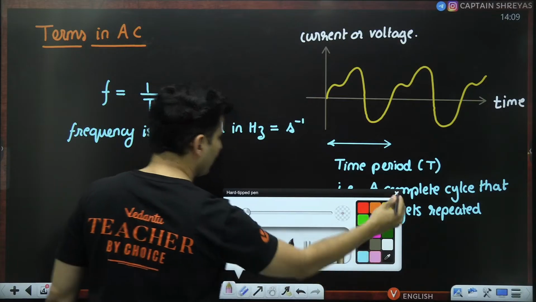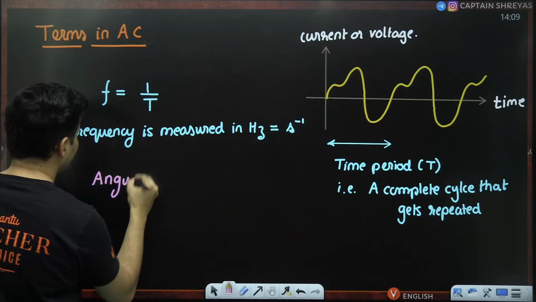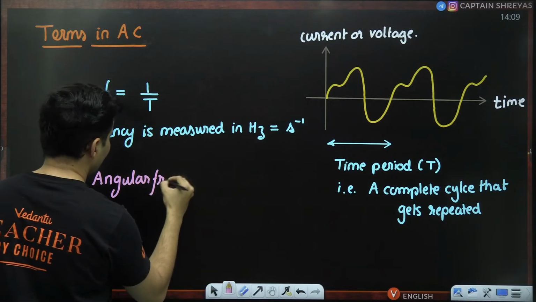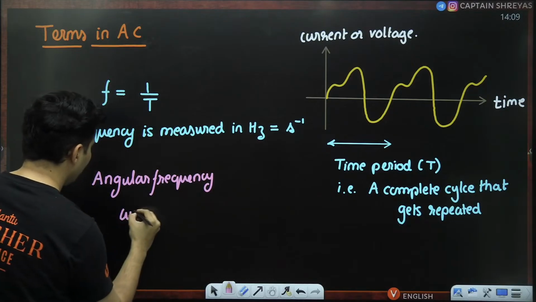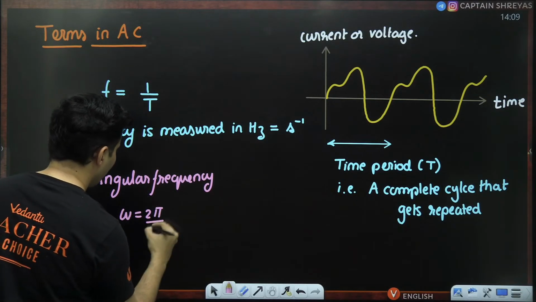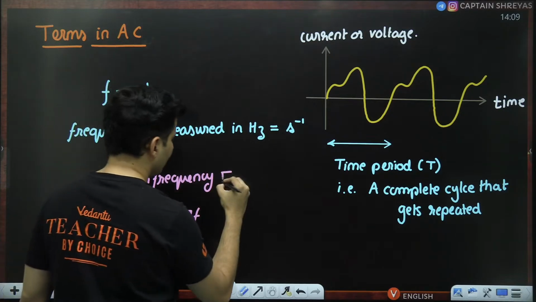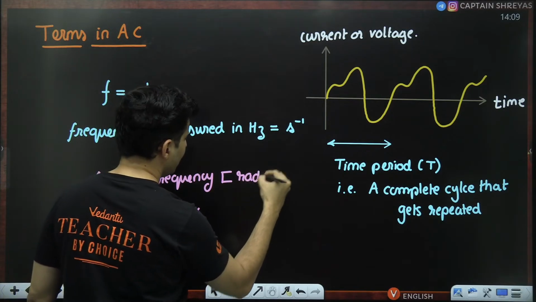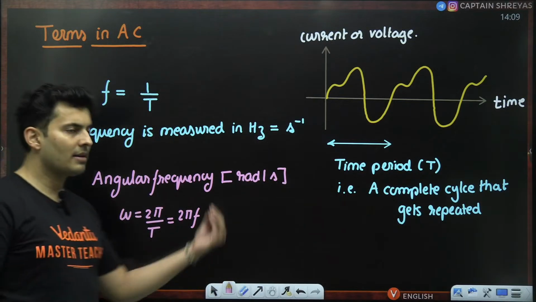And the last thing is omega, and that is basically your angular frequency, angular frequency omega, which is 2 pi by time period, or 2 pi into f, which is measured in radians per second.